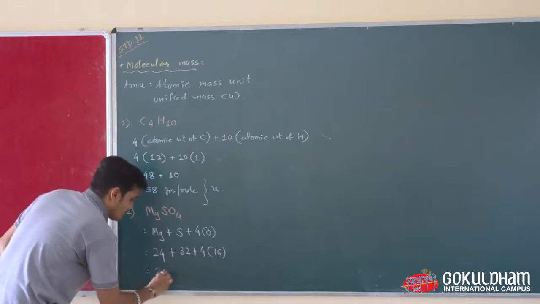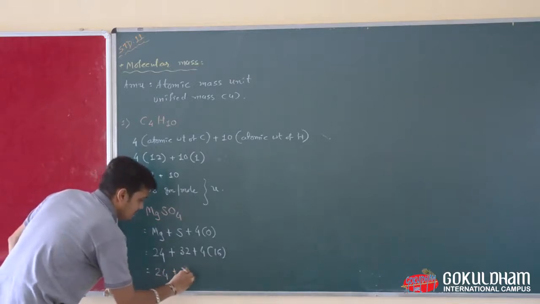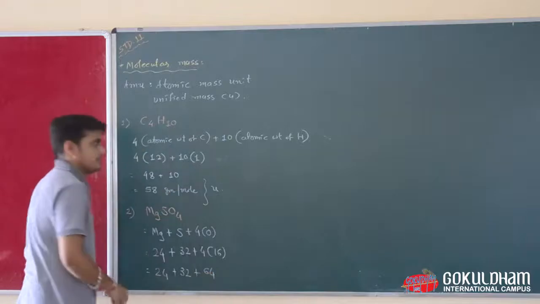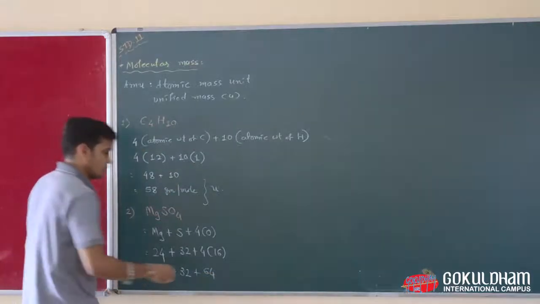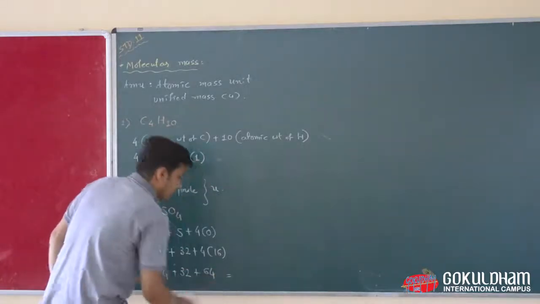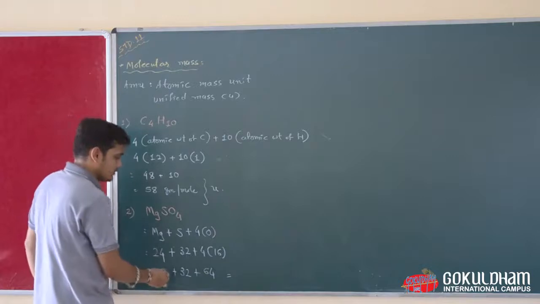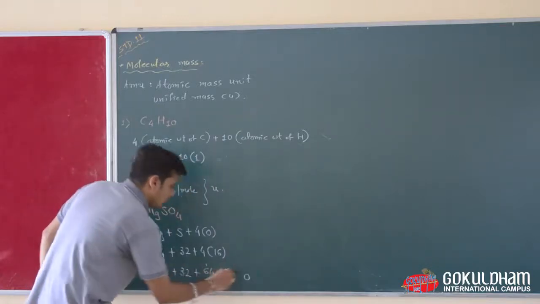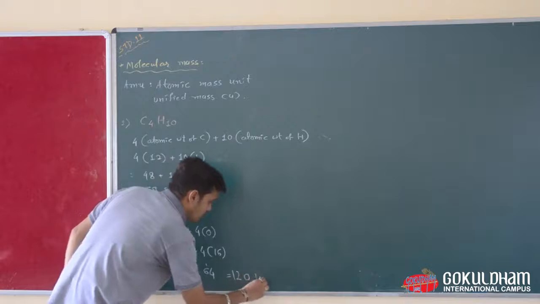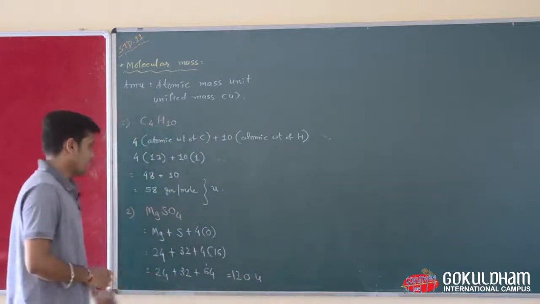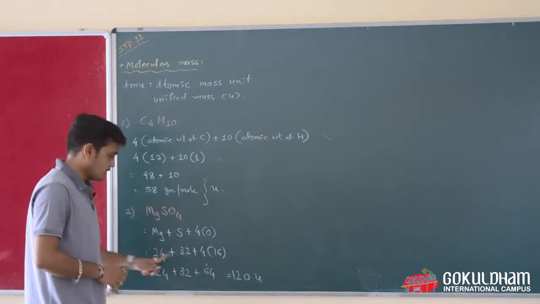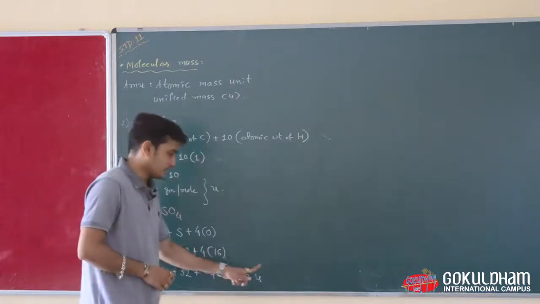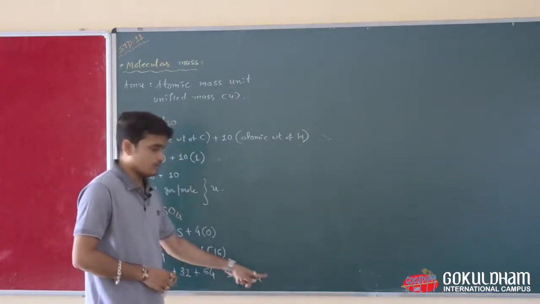So we get 24 plus 32 plus 64. So the total molecular mass becomes 120 u. So this total of atomic weights results into molecular mass.